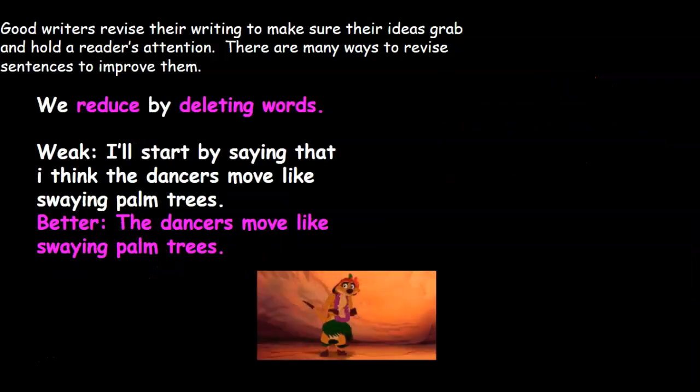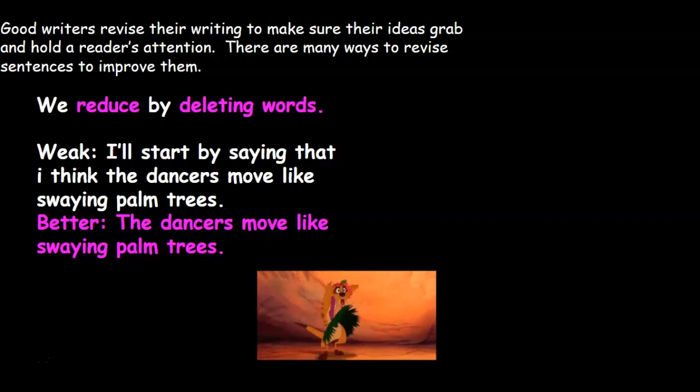Here, you can also reduce sentences. When you reduce things, you're going to take away maybe some ideas, and partly it could be confusing, partly it could be a run-on sentence if you're having two ideas together, or it's just not super clear. And so one sentence is, I'll start by saying that I think the dancers move like swaying palm trees.